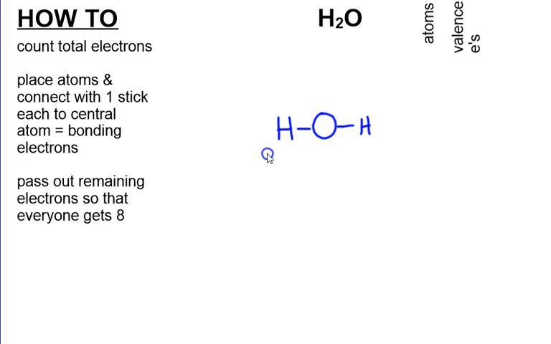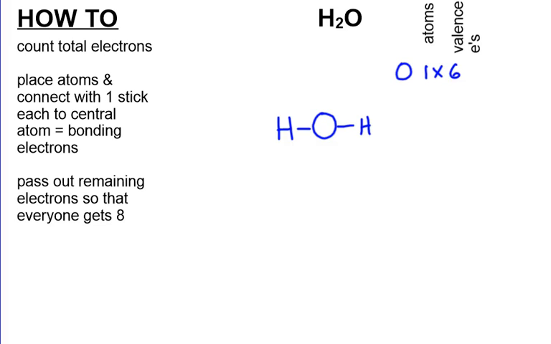Now we're going to go over here. I put the words atoms and valence electrons to let you know what I'm putting up there. So let's look at oxygen. How many atoms do we have in the molecule? 1. And how many valence electrons does oxygen have? 6, correct.